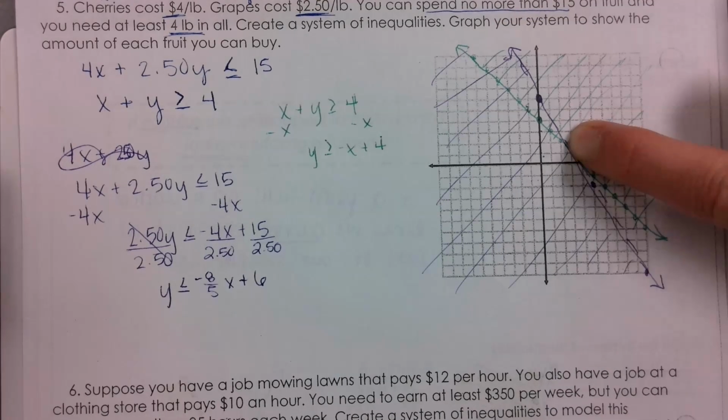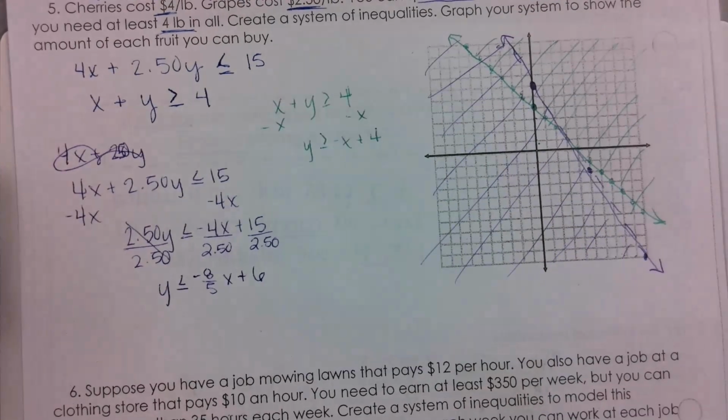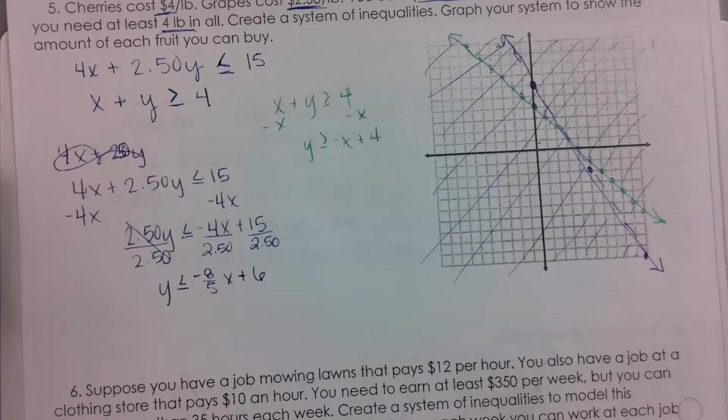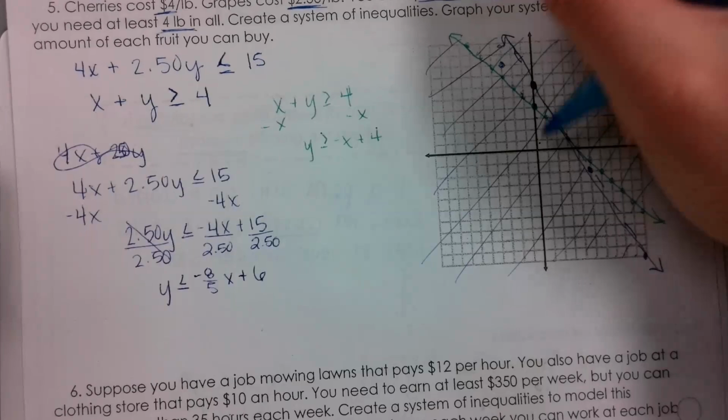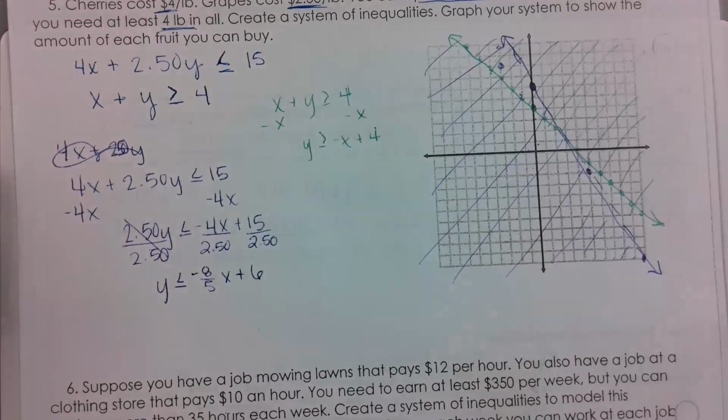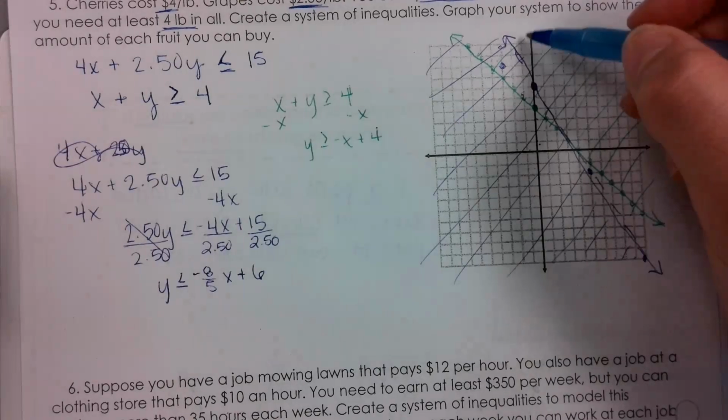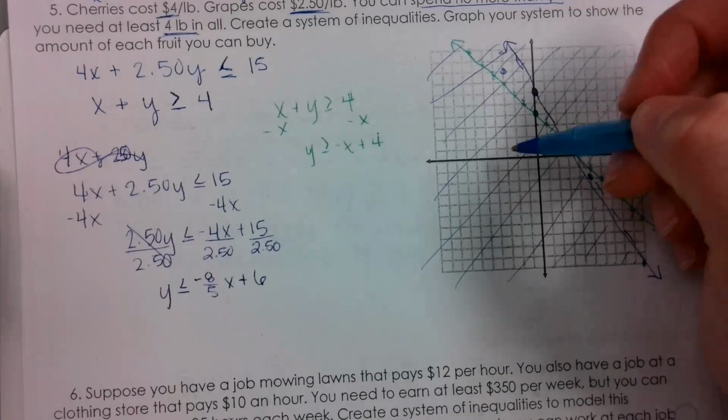We're talking about how many pounds of cherries and grapes and how much they cost, so this is like real life. X for us was cherries. If we had a point out here, that would be negative 3 pounds of cherries. Can we buy negative 3 pounds of cherries? No. So our answer is not going to fall in this quadrant. What about down here where both x and y are negative?